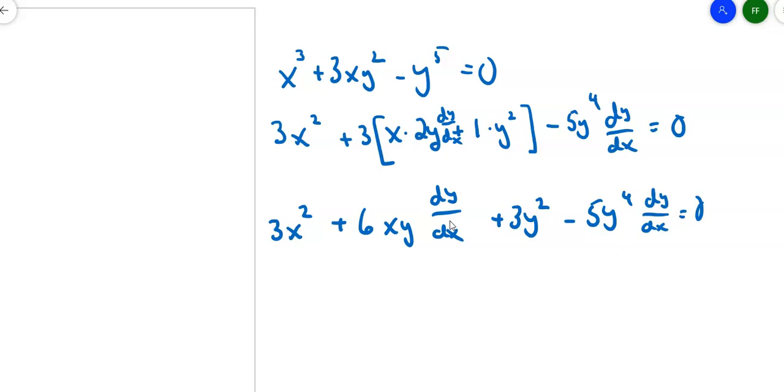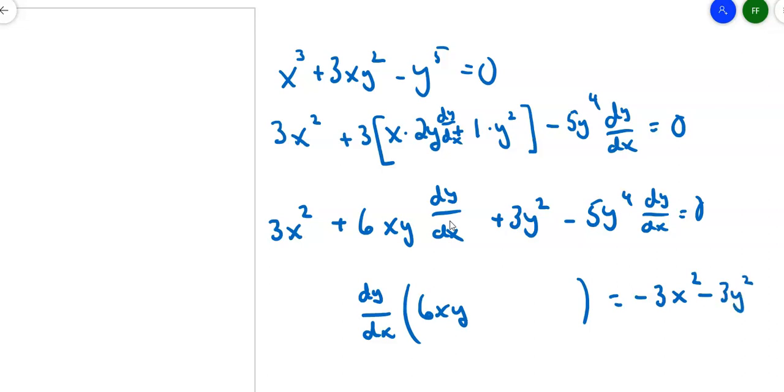Then we collected all our dy dx's on one side, and we threw everything else that wasn't a dy dx over to the other side. So we threw out the negative 3x squared. We kept the 6xy over here. We moved over the 3y squared, which now became negative, and we kept the negative 5y to the fourth.